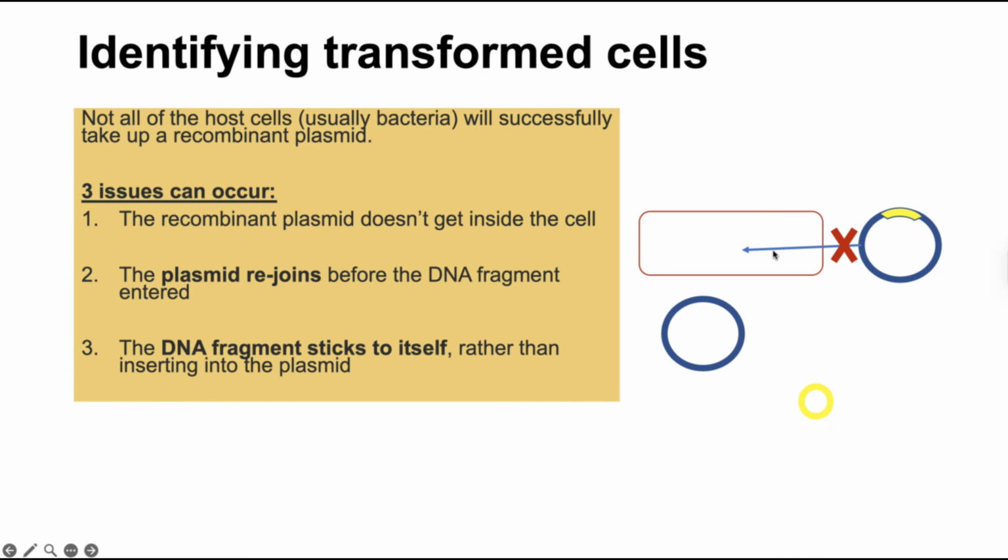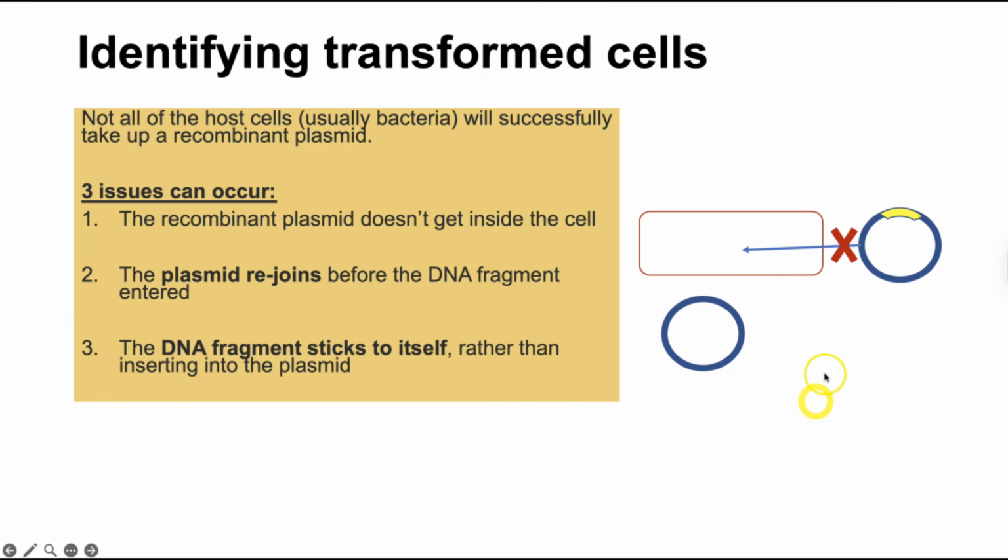Now, not all of them will be recombined or transformed cells because, first of all, maybe that recombinant plasmid, even though we heat shocked the cell membrane, still didn't get inside. Or maybe a plasmid did get inside, but it wasn't a recombinant one. The original plasmid that was cut open simply rejoined, so we don't have the gene of interest.